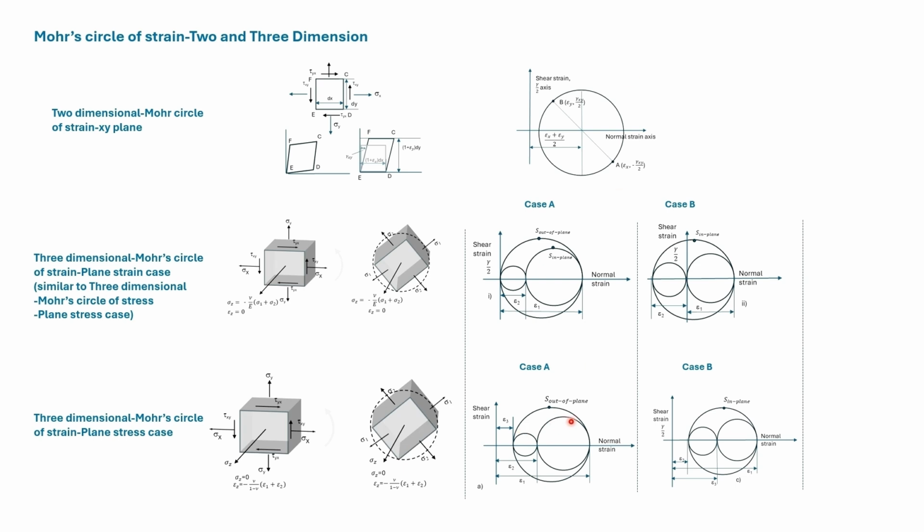In such a case, the absolute maximum shear strain is the maximum out-of-plane shear strain. In the second case, epsilon 3 or epsilon z is in between the values of epsilon 1 and epsilon 2. In such a case, the absolute maximum shear strain is given by the maximum in-plane shear strain.